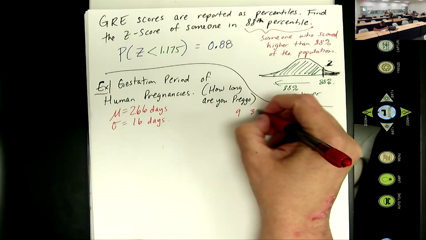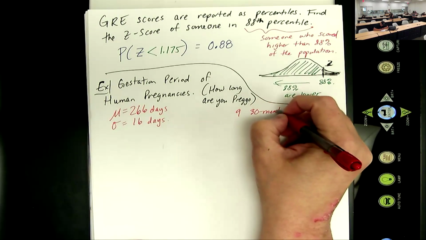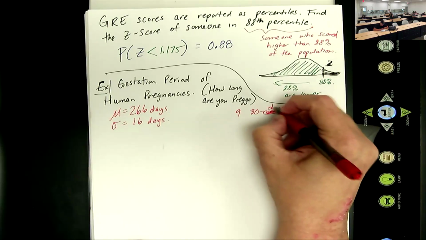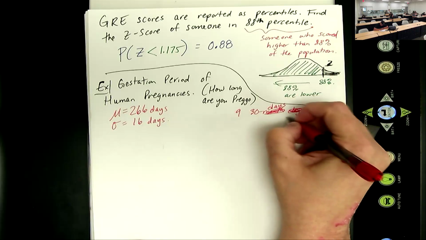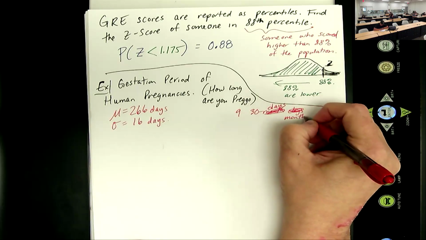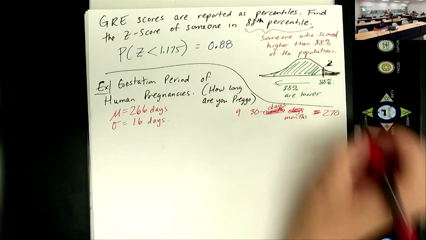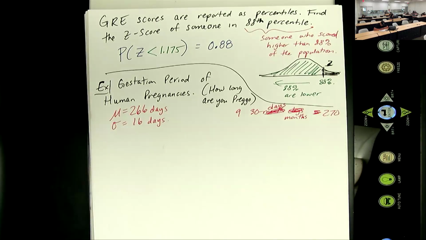Nine 30-day months would be 270, so that's why you hear that they tend to be pregnant around 9 months, because no one's going to say 8 months and 3 weeks and 3 days.